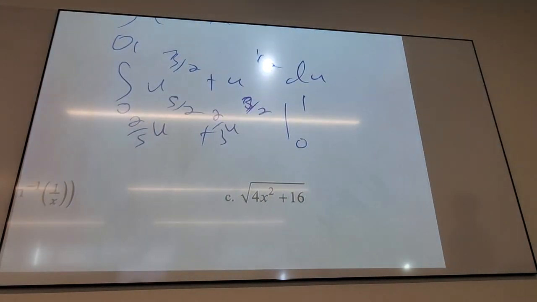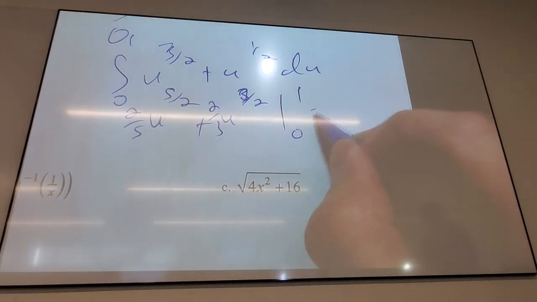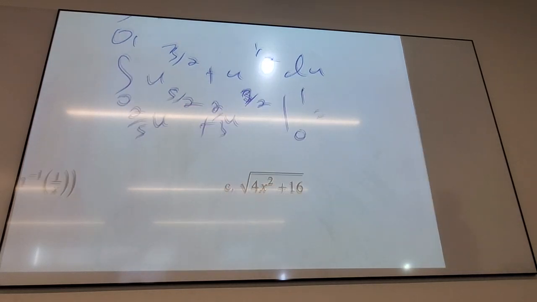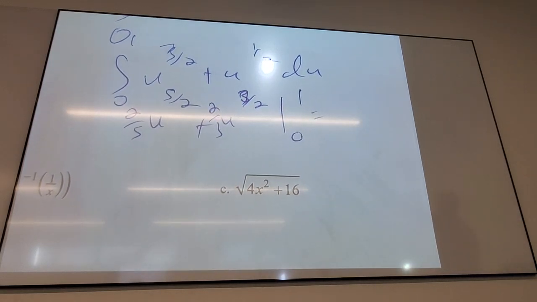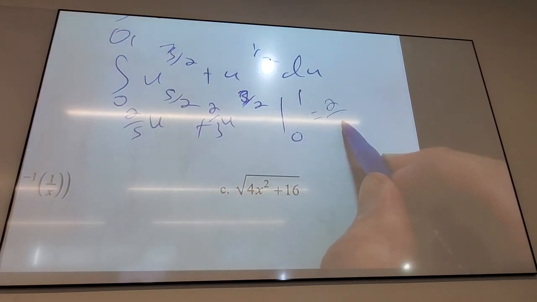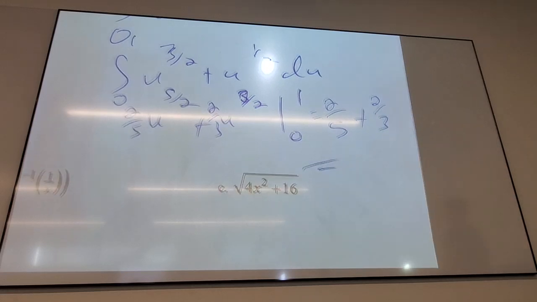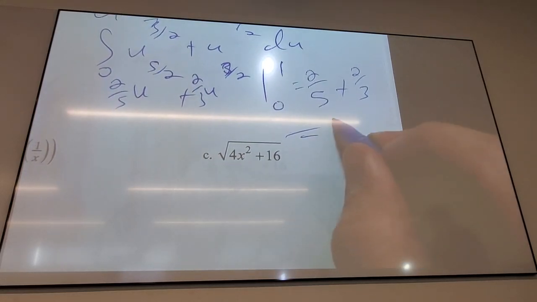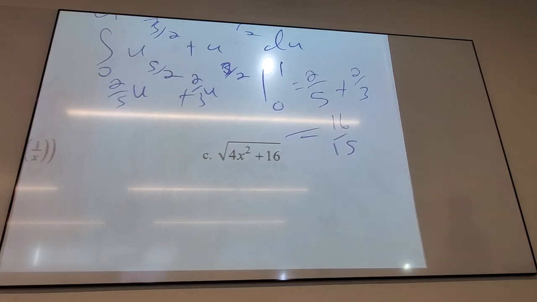I have an eternal battle with the number 3. And this is beautiful. You plug in a 0 and you get nothing, so that's beautiful. Be really careful, though, because with e to the something, when you plug in a 0 you don't get 0. But here, assuming a 0 plugged in gives nothing, when you plug in a 1, you just get 2/5 plus 2/3. Which is? 16/15. Yes? Okay.